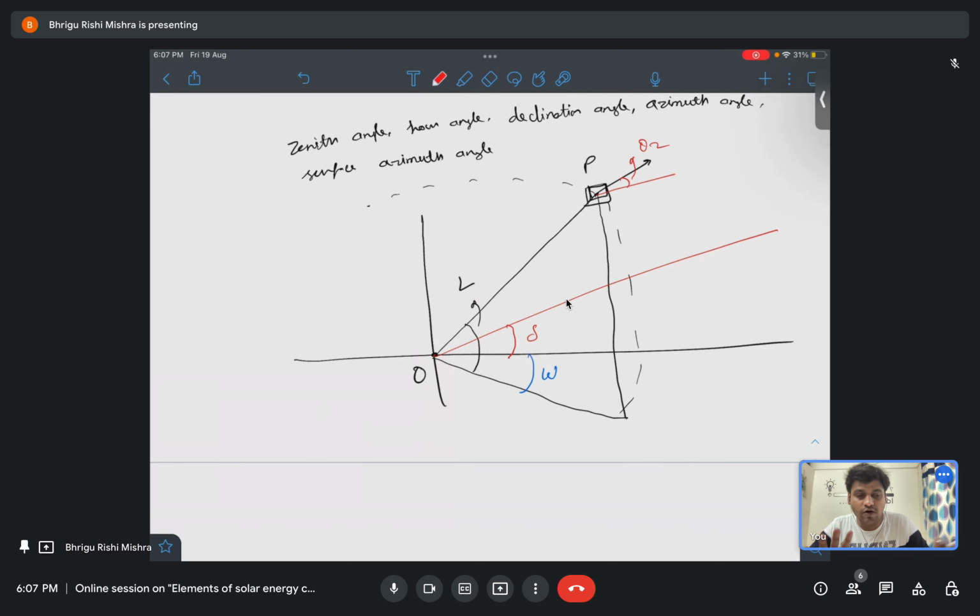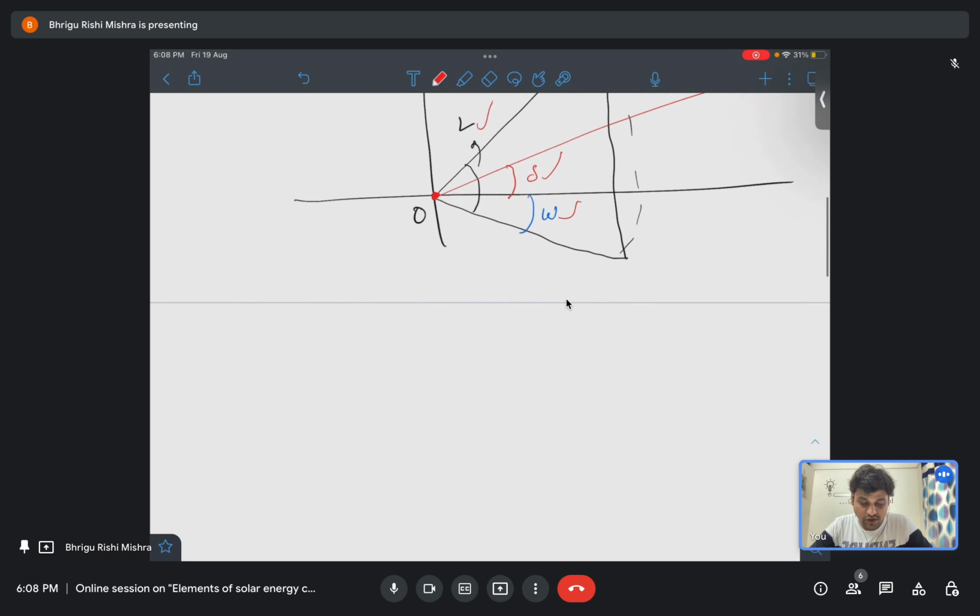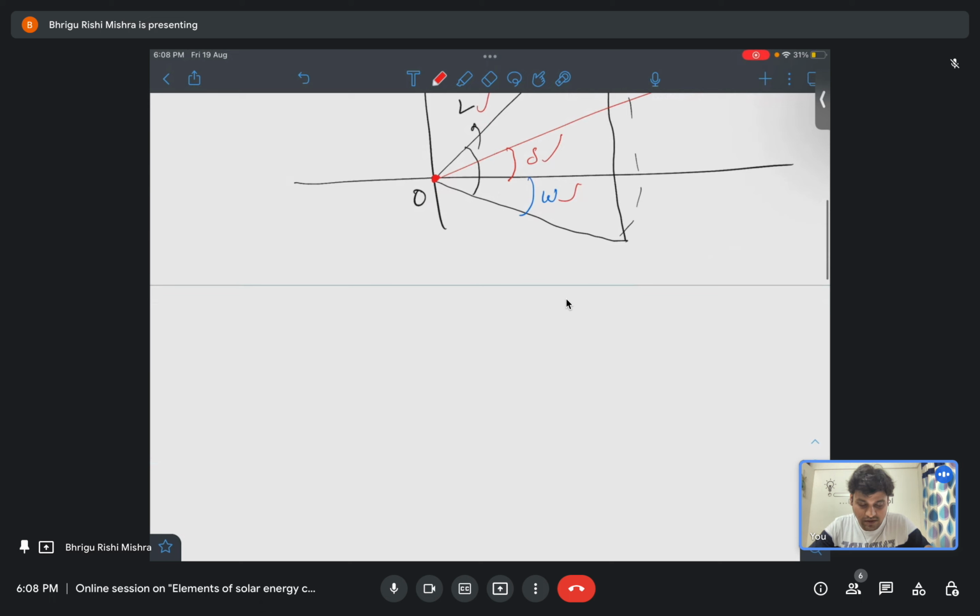These all angles we consider from the surface, so these are called the surface angles. However, the latitude, declination angle, and the hour angle, these we consider from the center of the earth. That is why these are called the central angles. So you need to remember these things.